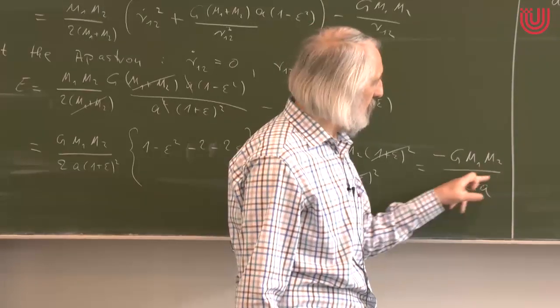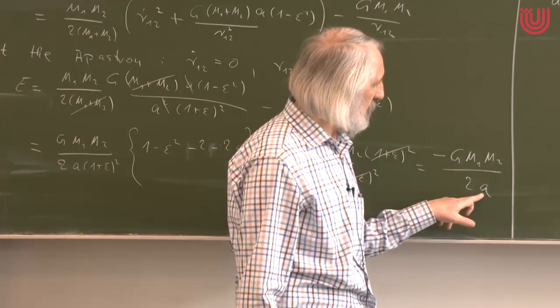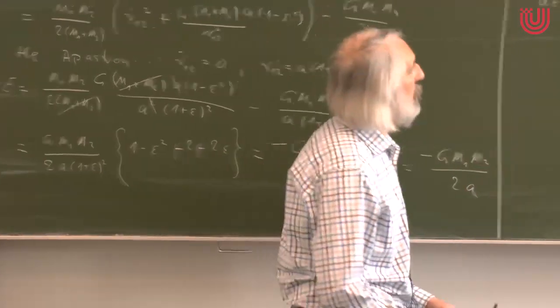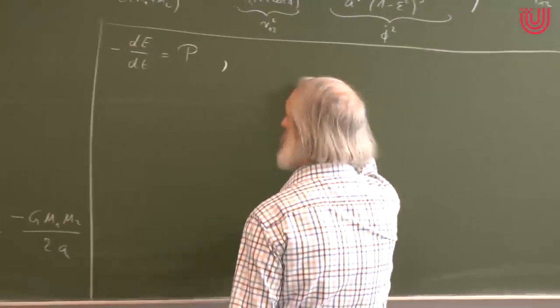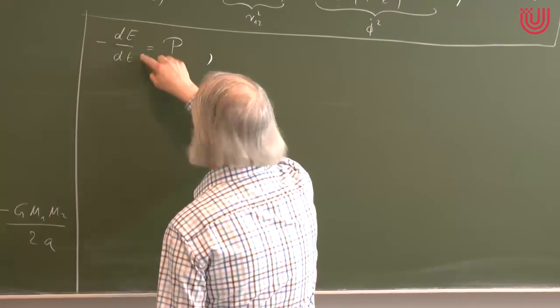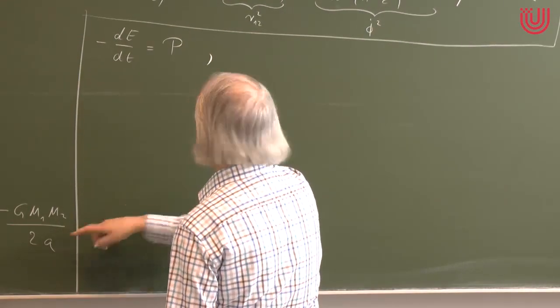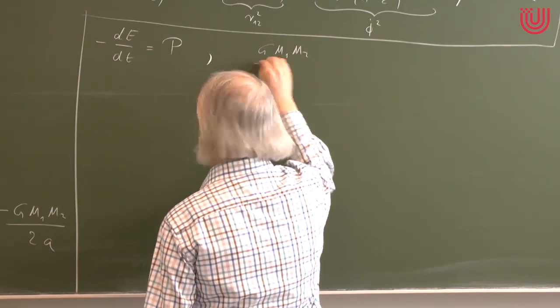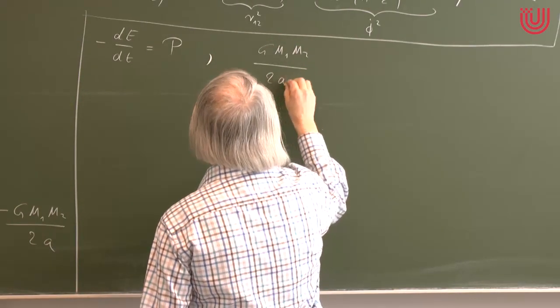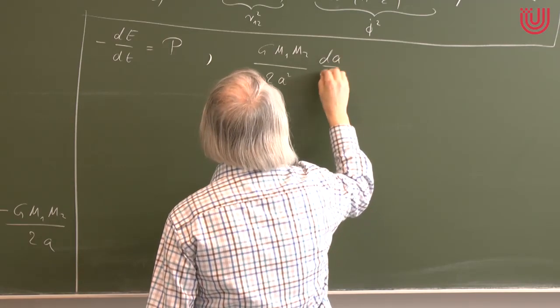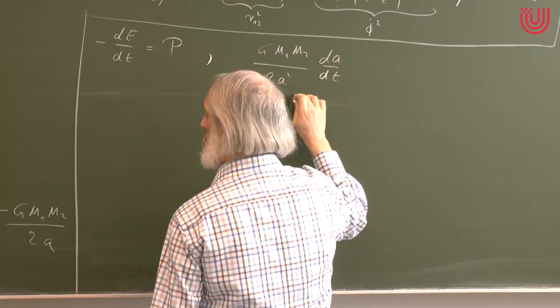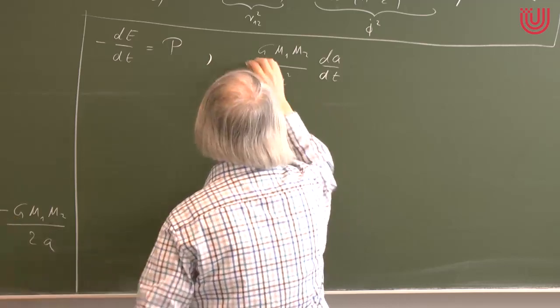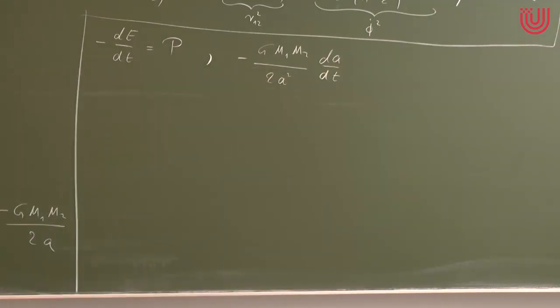So we assume that these things remain constant, but that this changes slowly in the course of time, and we can calculate how it changes. So minus dE by dt is G, just a second, let me write this down, 2a squared dA by dt. Minus, wait a minute, there's another minus. That's the left-hand side.